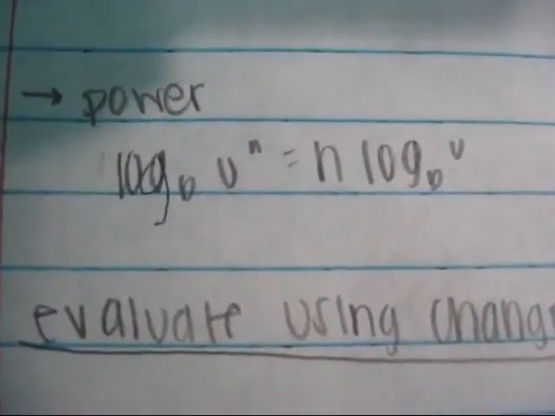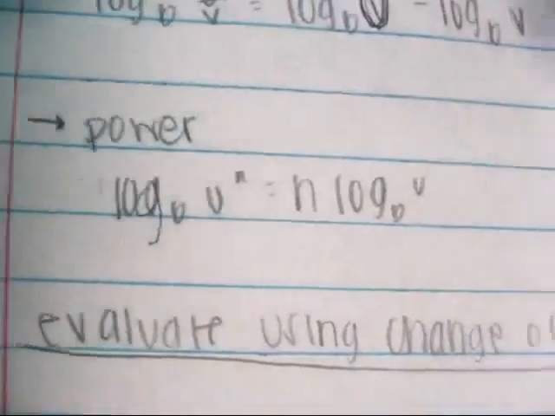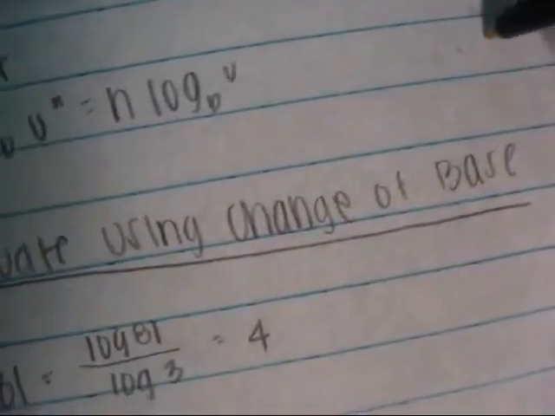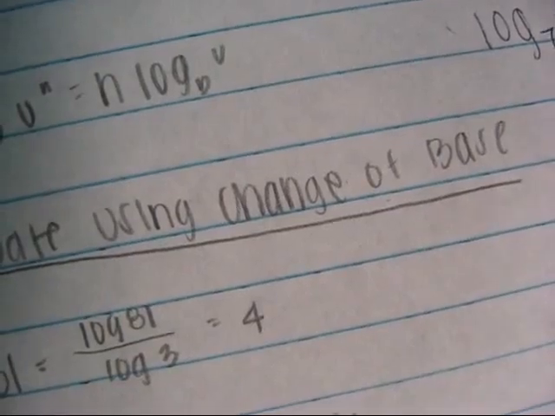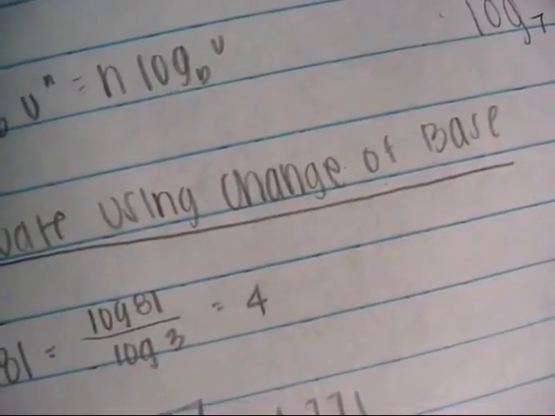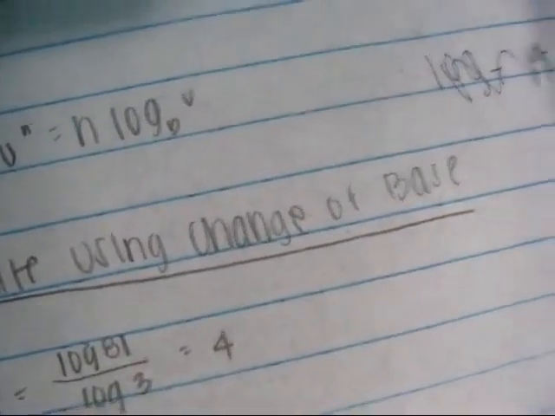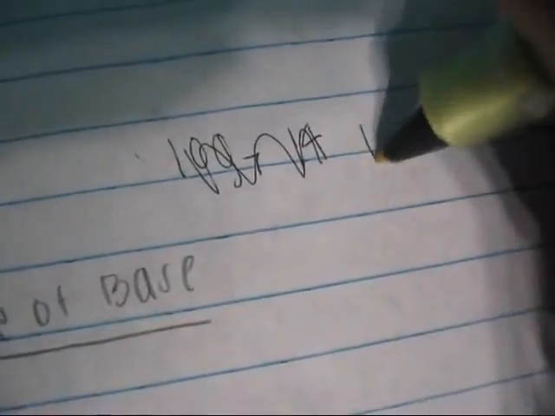Does that make sense? So let's say you had log base 749 of 2 squared.